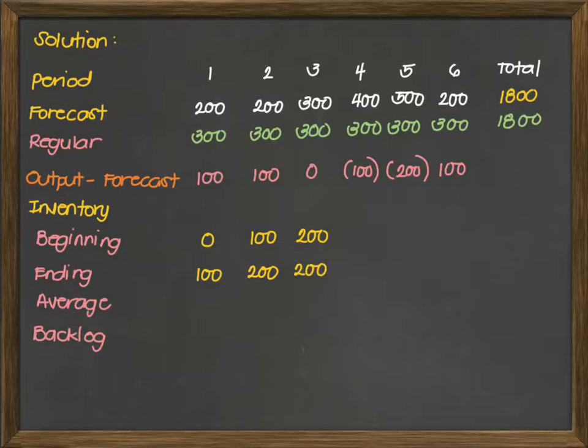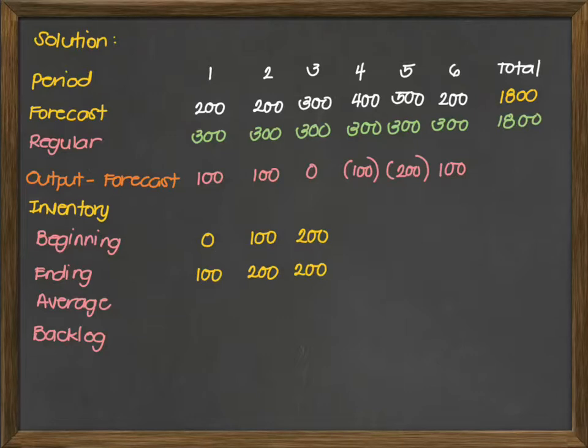So, again, ang inventory pwede siyang magamit based doon sa ating output minus forecast. Pero since from periods 1 to 3, hindi pa naman siya kailangan gamitin, kaya nagko-compound or nag-accumulate yung ating inventory.